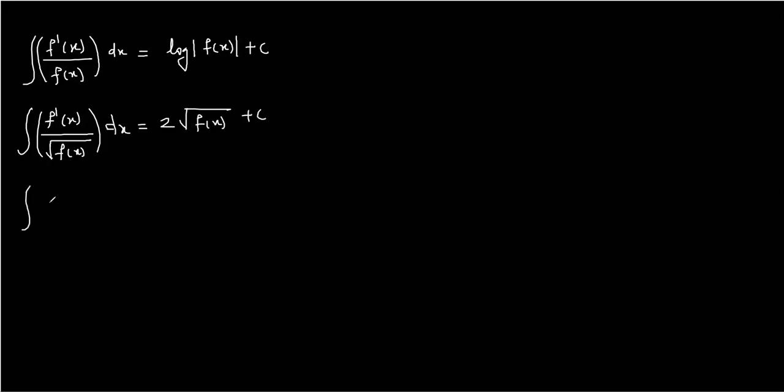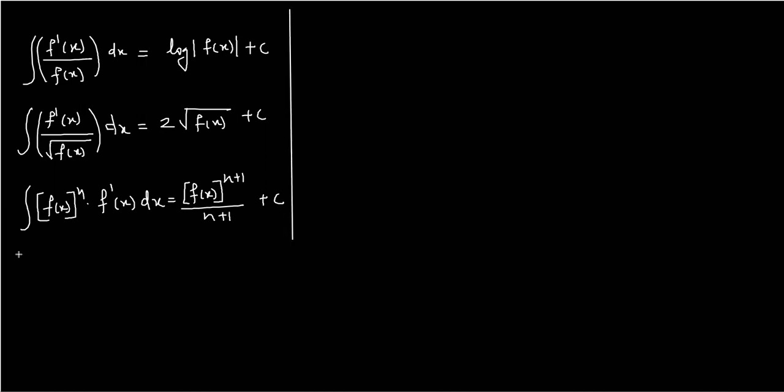And the third one was f of x raised to n multiplied with f dash x dx is equal to f of x raised to n plus 1 upon n plus 1 plus c. So what we will do now is, using these three corollaries, we shall take the discussion on indefinite integration ahead.